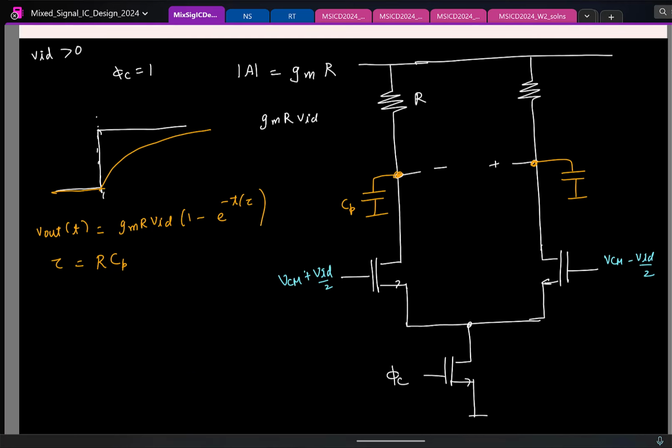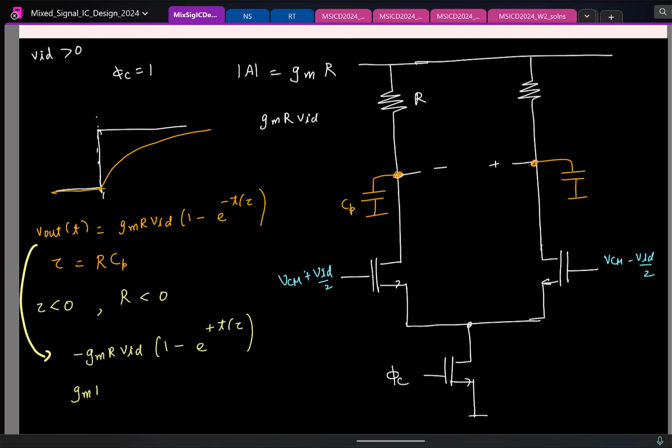So I am having tau less than 0. Capacitance is positive, that is a parasitic capacitance. Now it is a resistance that we are going and putting. So if at all this tau can be negative, what can be negative? I mean, again, let's see how we'll do this. So if R becomes minus R, how will this expression change? R becomes minus R, so this is minus GM R VID, plus t by tau.